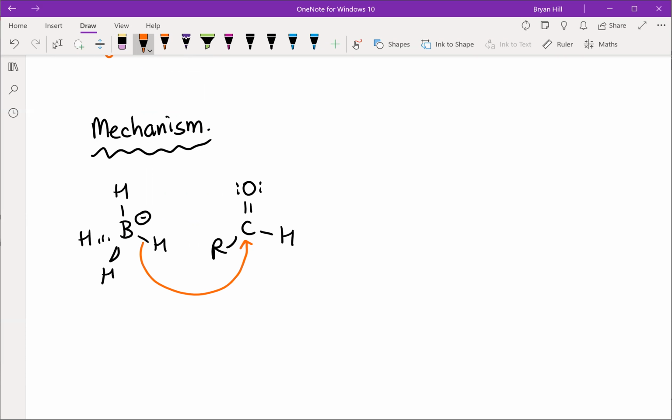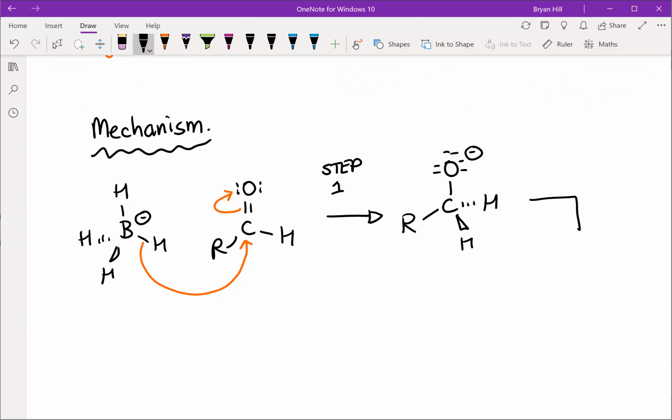We need to break a bond, and we're going to break the pi bond, and it's going to go on to the oxygen. So this gives us our intermediate here, the alkoxide anion. This is where it's going to stay, and this would be step 1.